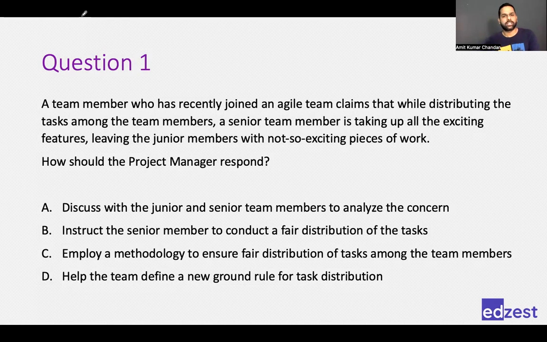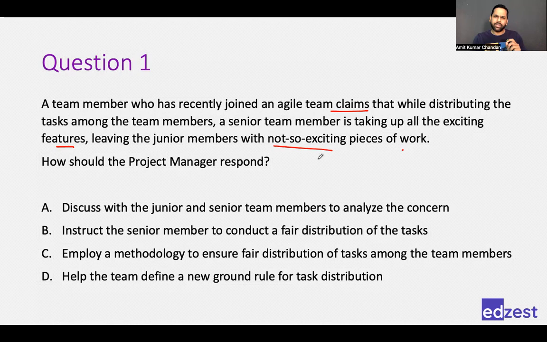All right, so let's discuss this. A team member who has recently joined an agile team claims that while distributing the tasks among the team members, a senior team member is taking up all the exciting features, leaving the junior members with not so exciting pieces of work.